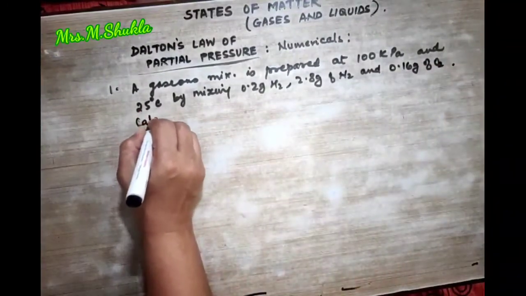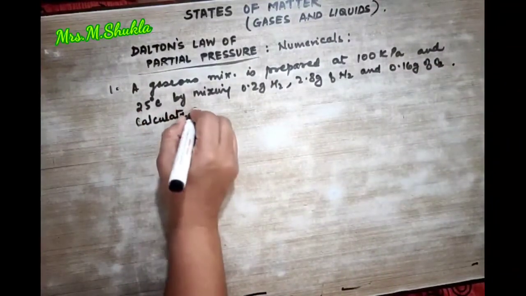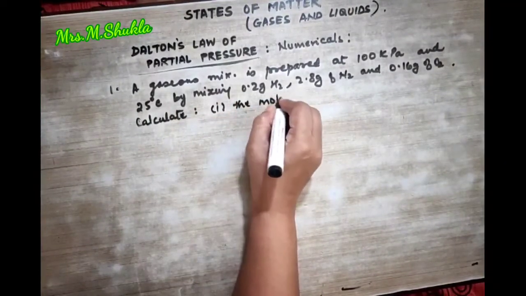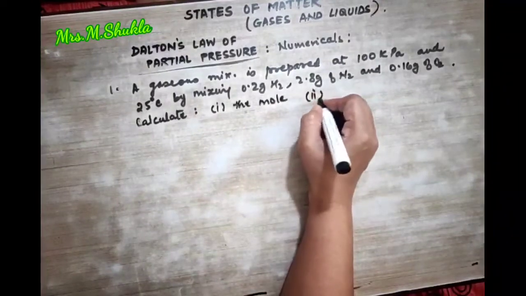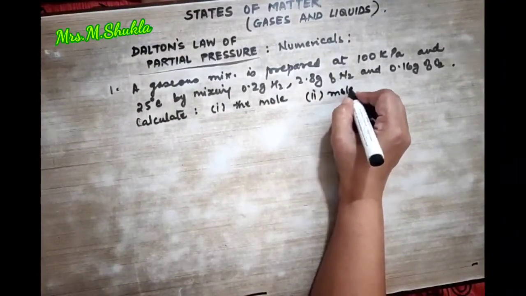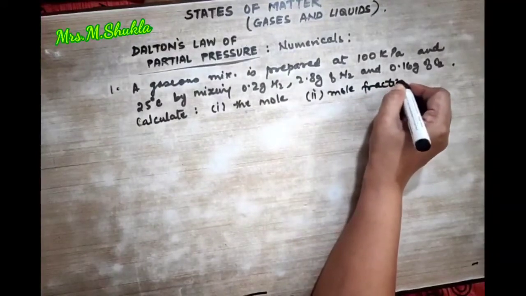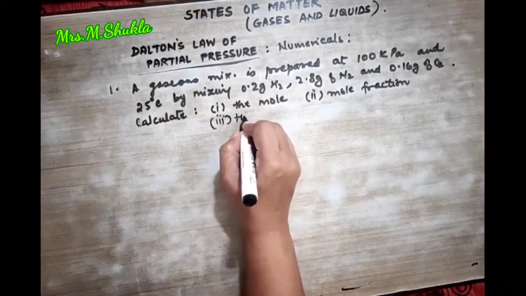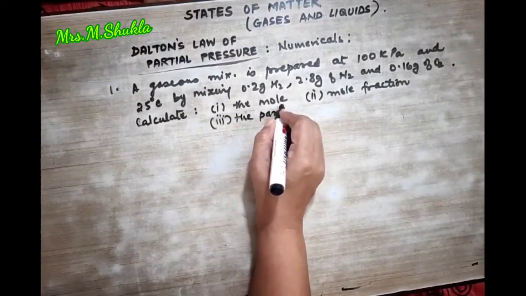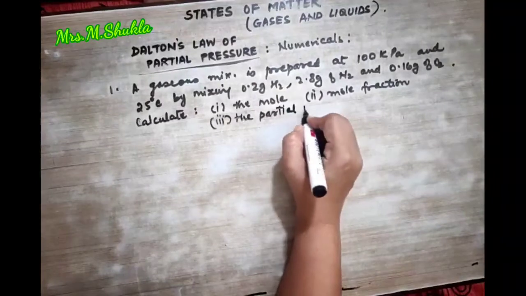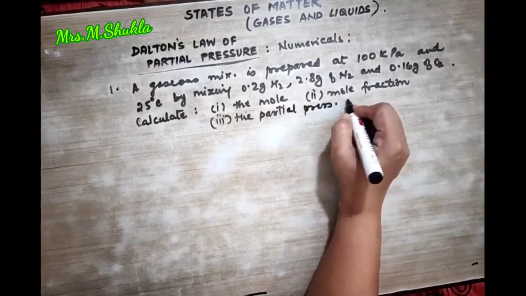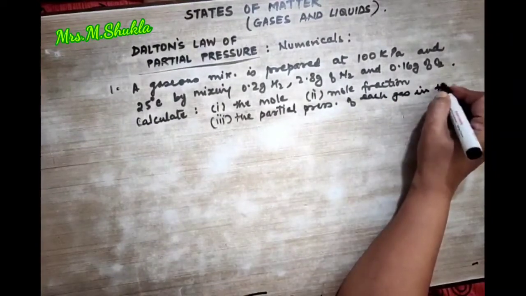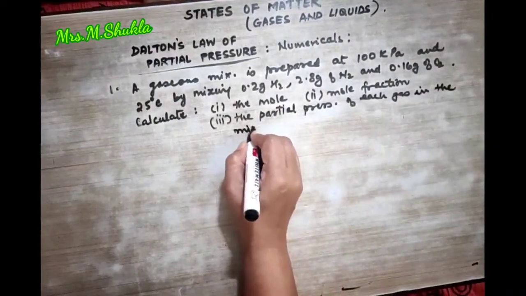Now calculate, number 1, the moles, then also calculate the mole fraction, and also calculate the partial pressure of each gas in the mixture.